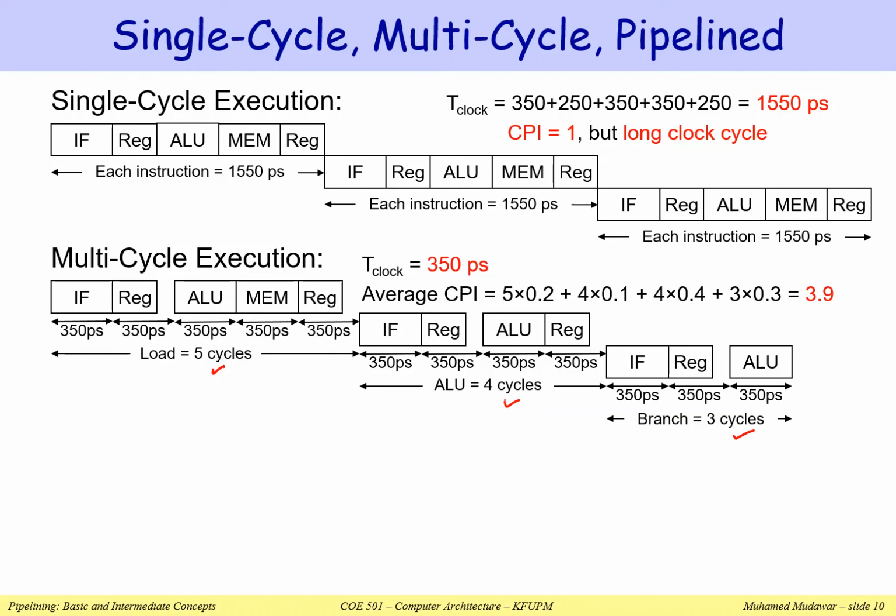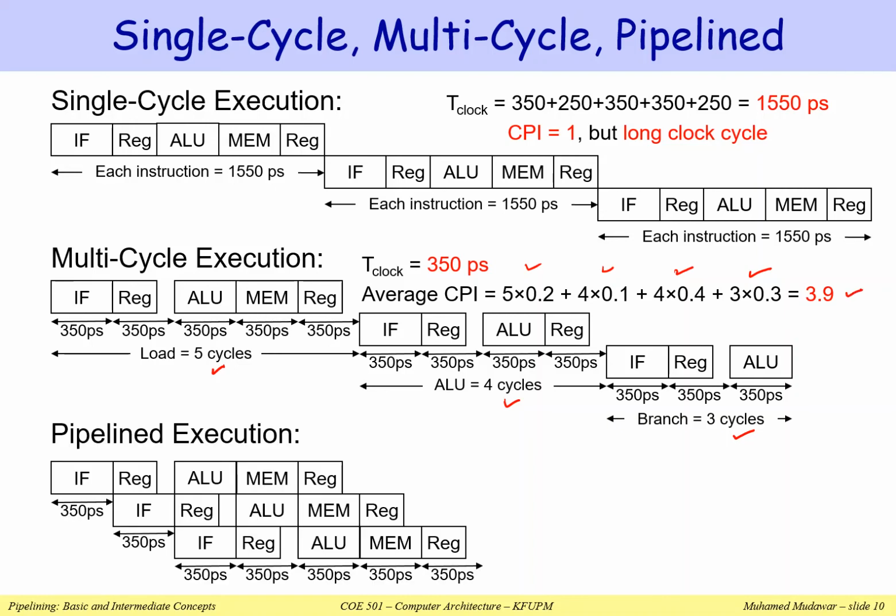Now, in order to calculate the CPI in the case of the multi-cycle, you have to look at the frequencies. 20% of the instructions are load, so I multiply 5 cycles by 0.2. 10% are store, so I multiply 4 cycles by 10%. And 40% are ALU, so I multiply by 4 cycles, and 30% are multiplied by 3 for the branch instruction. This will give me an average CPI of 3.9.